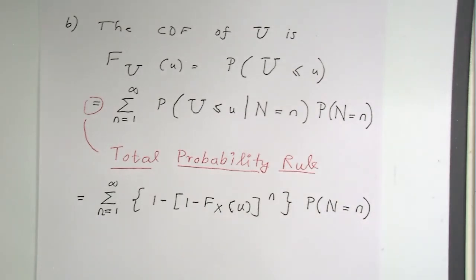Because this is a conditional probability, n is fixed. The number of investments is fixed. So we can use that formula and put it here.